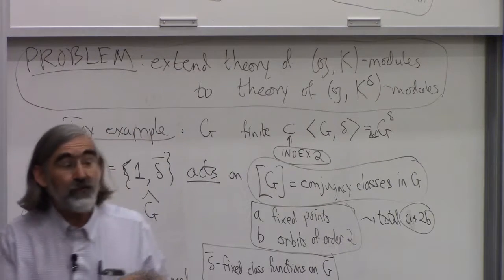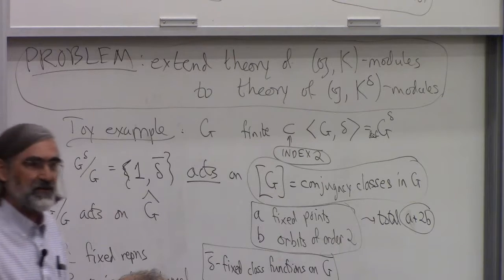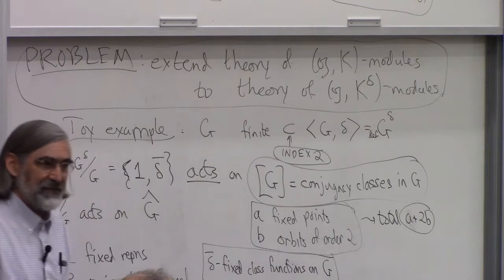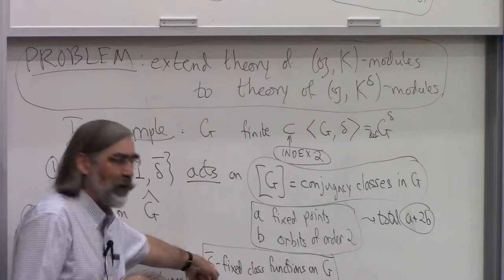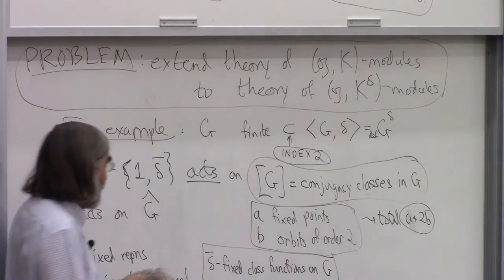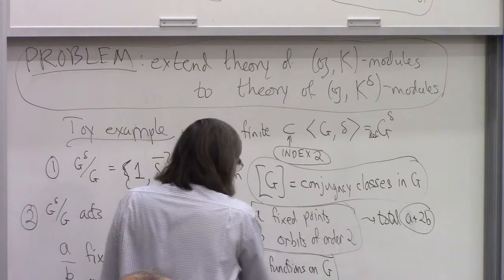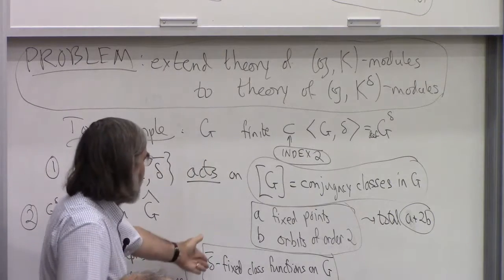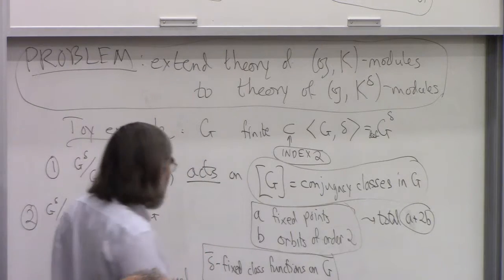I said you should always do counting problems by making a vector space and doing representation theory on the vector space. So here's a counting problem. I'll solve it by making a vector space and a representation.